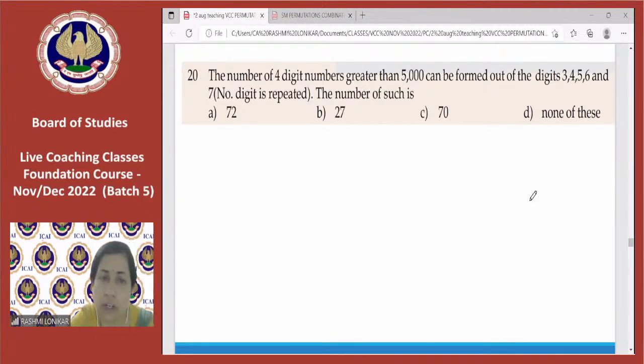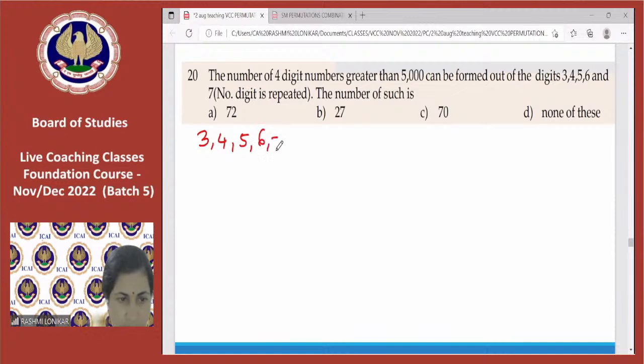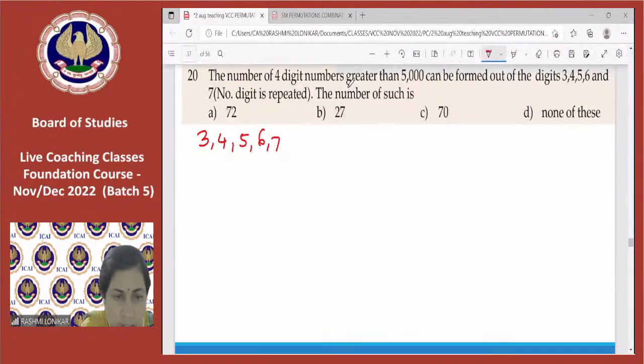The number of 4-digit numbers greater than 5000, which can be formed out of the digits 3, 4, 5, 6, and 7. Okay. So what are the digits with me? I have 3, 4, 5, 6, 7. What is the condition? Number should be greater than 5000.